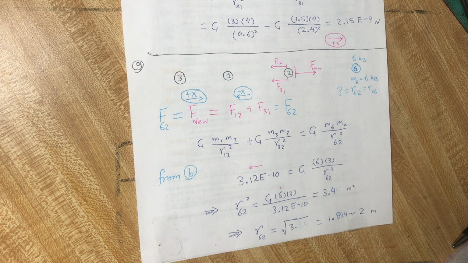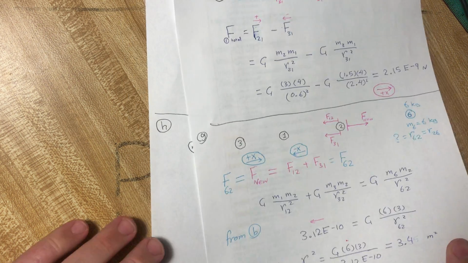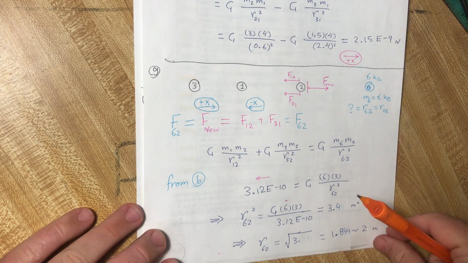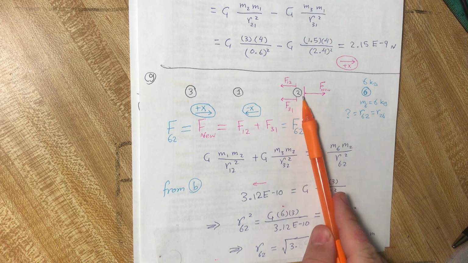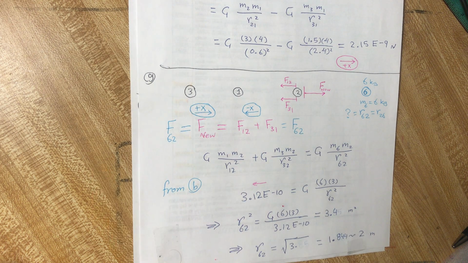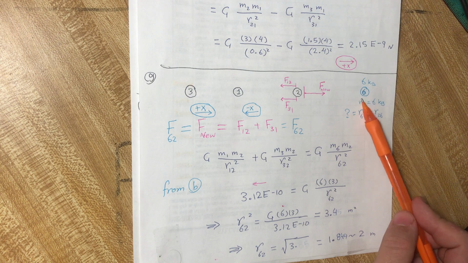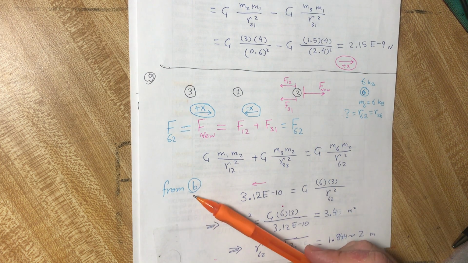Now we have important parts. Please pay attention to this. We have the first mass, the second mass, the third mass. What if we have another mass, a new one? I name it M6 because it is 6 kilograms.